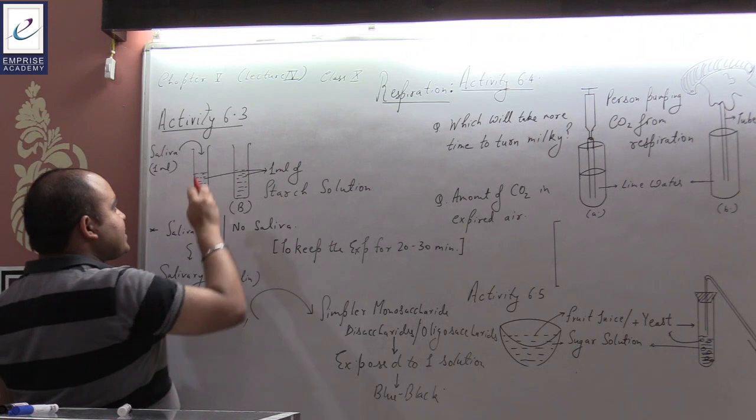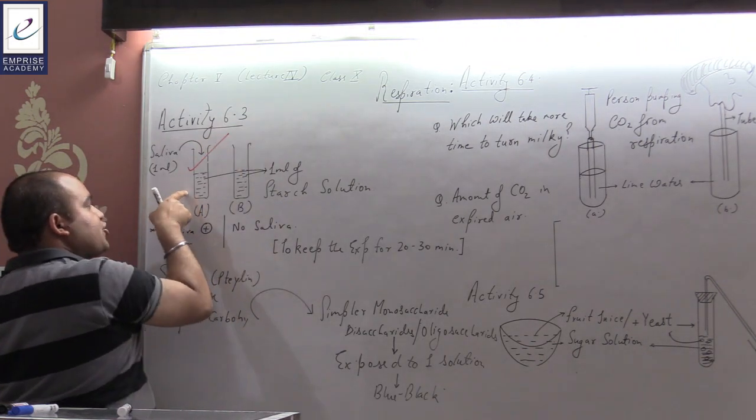It tells us that yes, starch was hydrolyzed in the tube A.